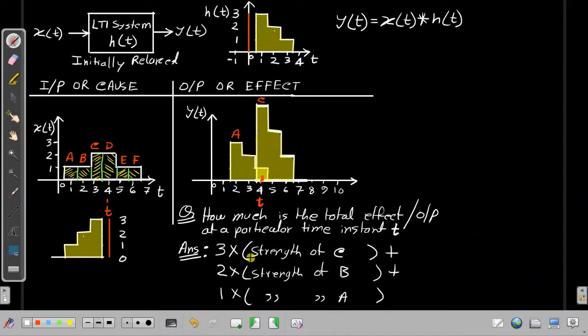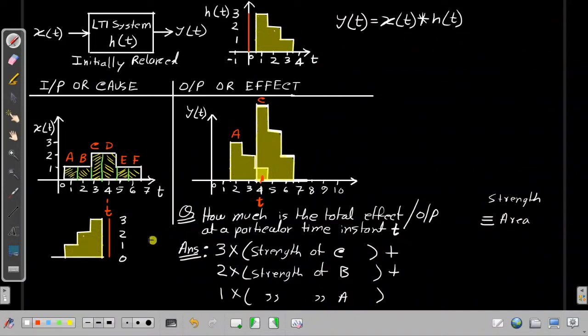And by strength, I mean the area of the slices. So strength means here the area of that input slice.